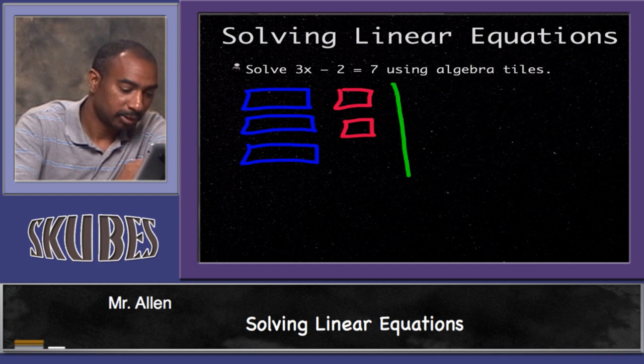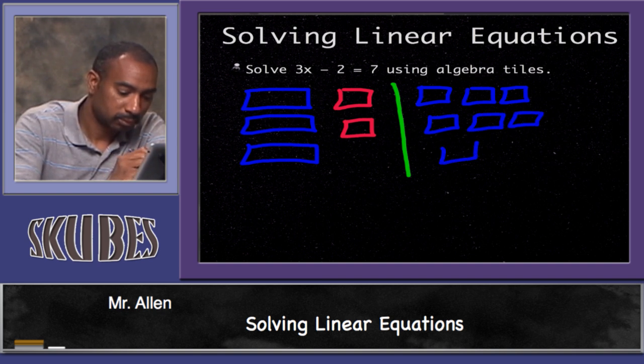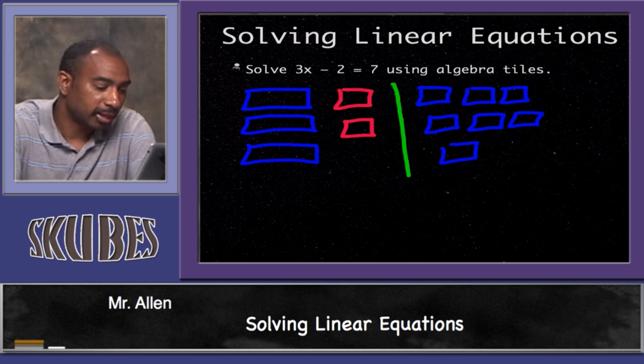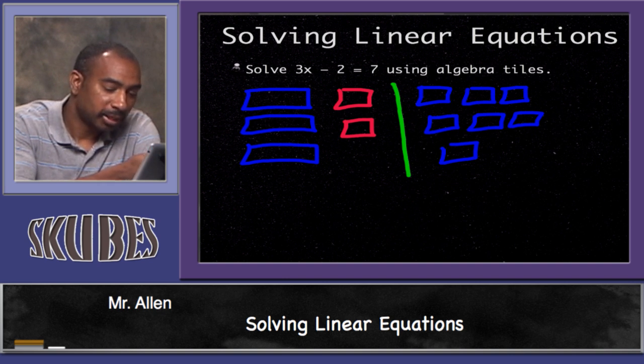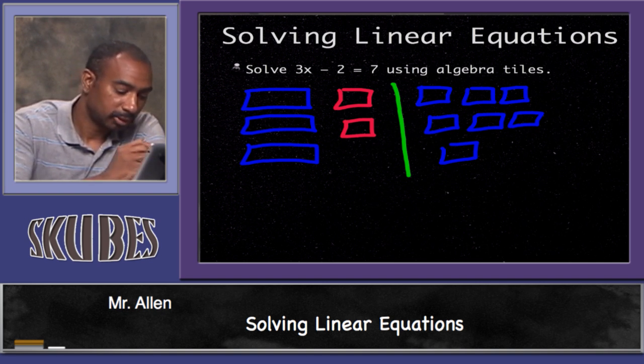Equals 7, but I have 7 positive 1's. All right. What I want to do is get the x term by itself. So I'm going to need 2 positive 1's in order to get rid of these 2 negative 1's.